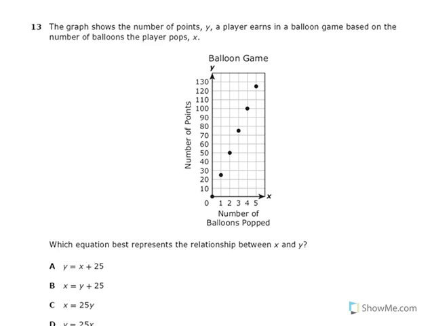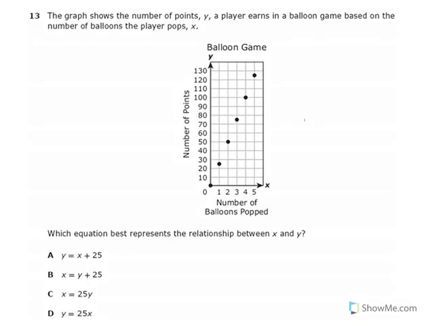The graph shows the number of points Y a player earns in a balloon game based on the number of balloons the player pops, my X. Which equation best represents the relationship between X and Y? The first thing you need to do is make an input-output table, my X and my Y, and I'm going to get my points from my graph.